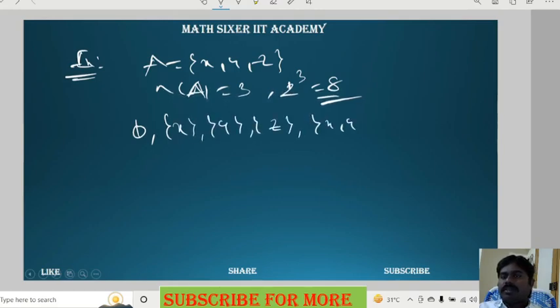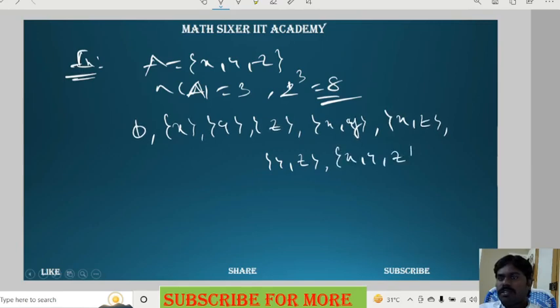Next, taking 2 elements at a time and forming a set: {x, y}, next {x, z}, next {y, z}, and now all the 2 combinations are completed. Next I will take the 3 combinations, so {x, y, z}. So these are the total 8 subsets of the set A: 1, 2, 3, 4, 5, 6, 7, 8. Okay, so like this we have to write out.